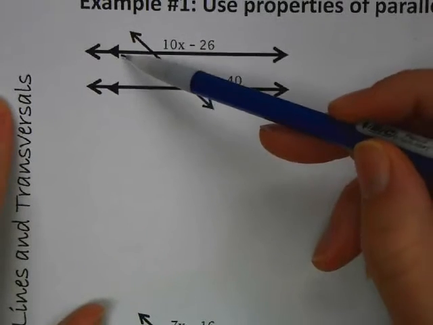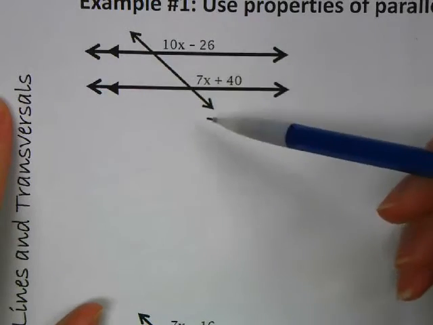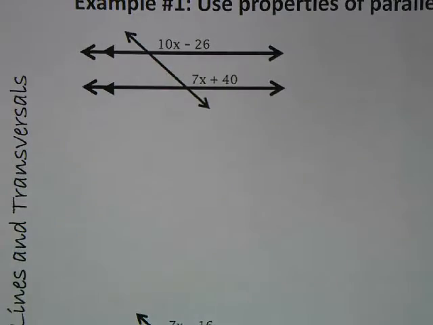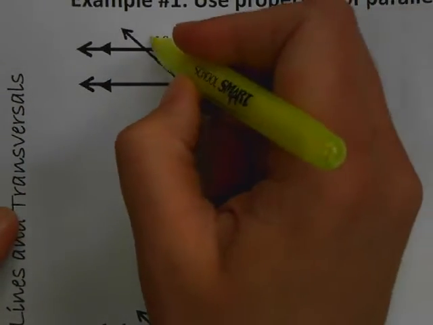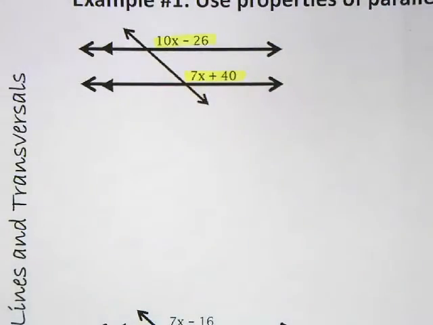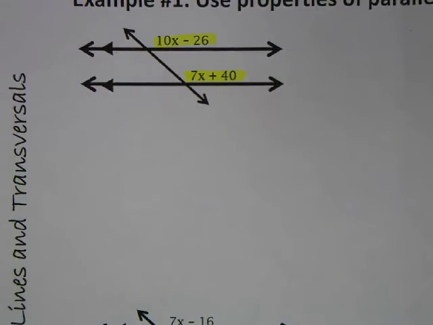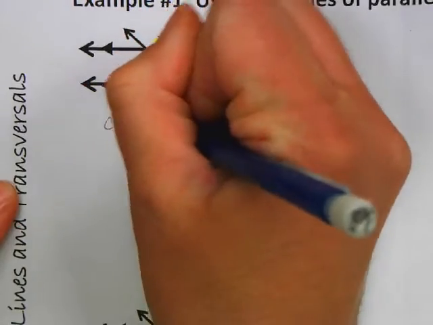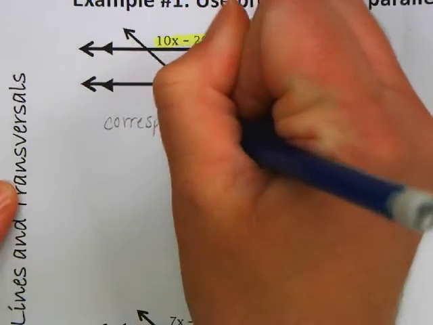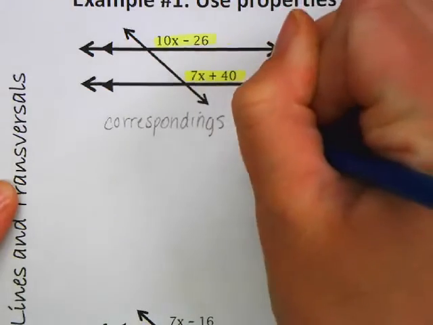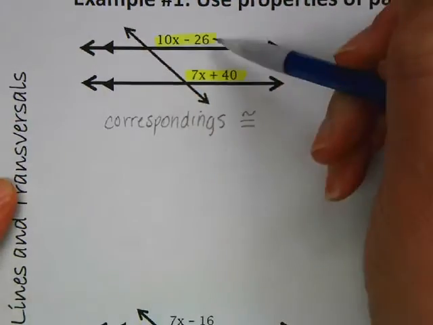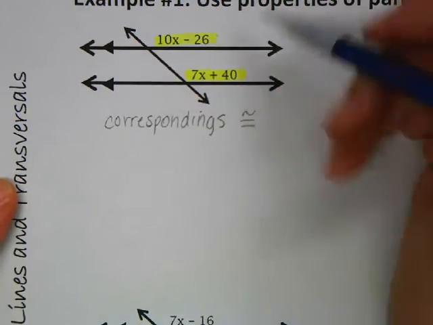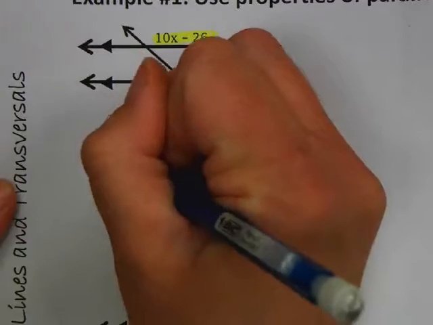you're given that you have two parallel lines cut by a transversal. And the two angles that you are given are corresponding angles. And remember that corresponding angles are congruent, which means that the measure of the angles are going to be equal.